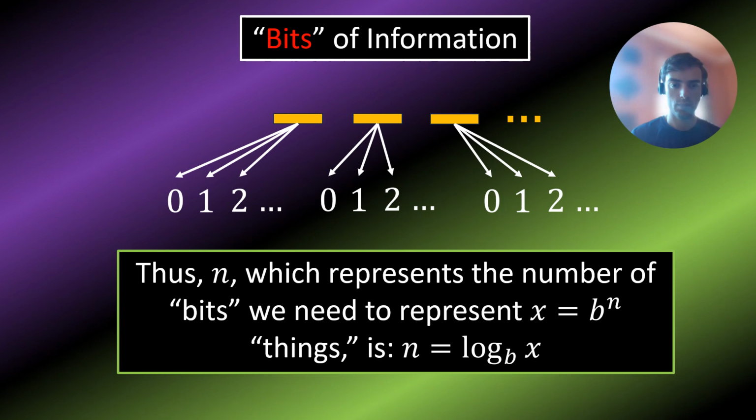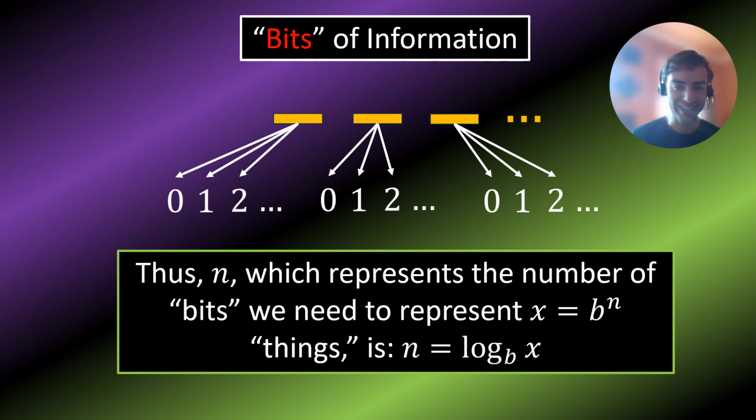Pretty cool. Thus, n represents the number of bits, that is, the number of placeholders. When you have 2 items per placeholder, the placeholders are called bits. But when you have more than 2 items per placeholder, they're called "bits" with quotes.